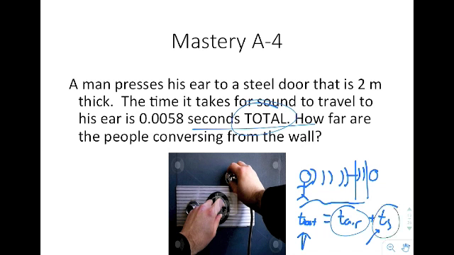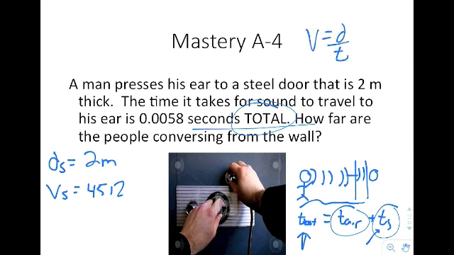So the first thing that I need to do is say, okay, if I can find the time in the steel, well, the distance of the steel is 2 meters. The velocity of the steel is 4512. Using the very first equation that we learned in this class, v equals d over t, we can actually solve for the time in the steel. Remember that we have our expression T total equals T air plus T steel.